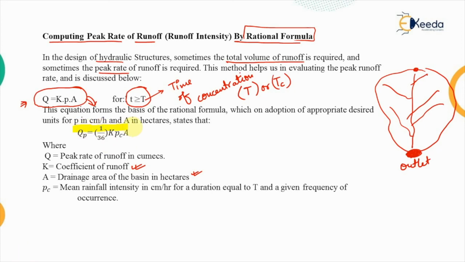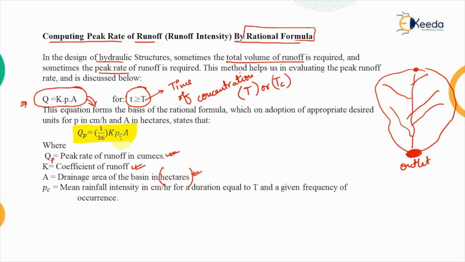Peak discharge is equal to a constant value, that is 1 by 36 into K into PC into A, where QP is the peak rate of runoff in cumecs, K is the coefficient of runoff which is obtained differently for different regions, and A is the drainage area of the basin in hectares.